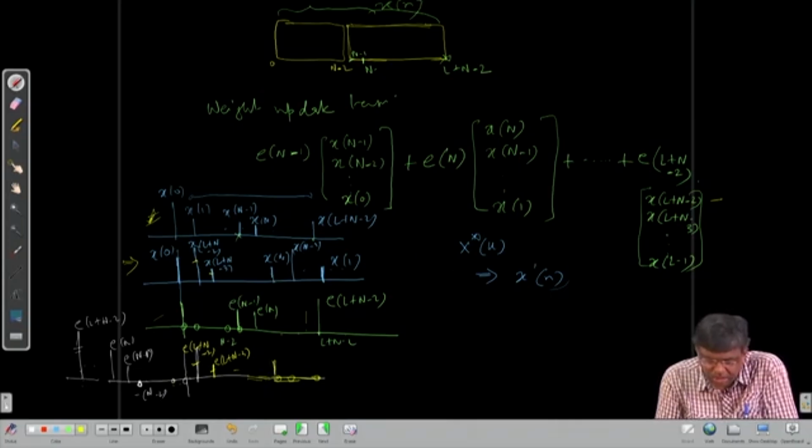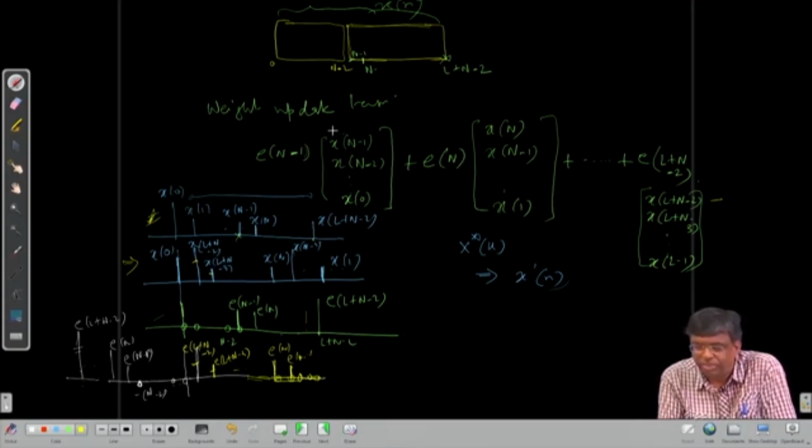Below x of n is E of n, and below x of n minus 1 is E of n minus 1. Then the zeros. You can see E of n into x of n, E of n minus 1 into x of n minus 1. So, you get the first row.